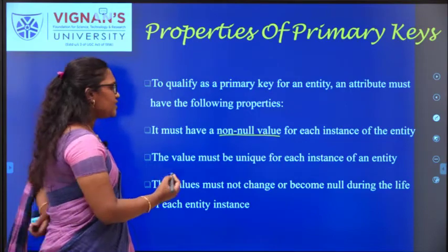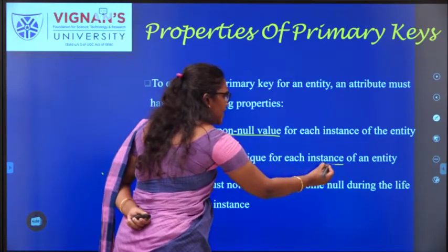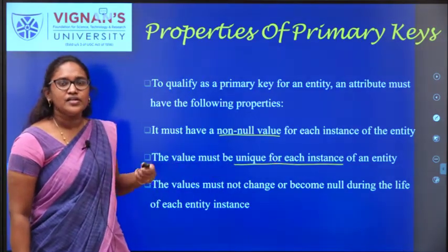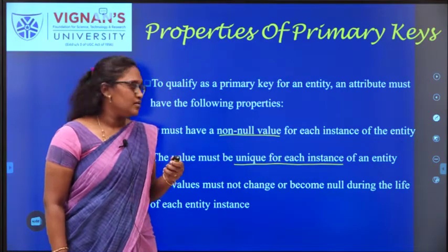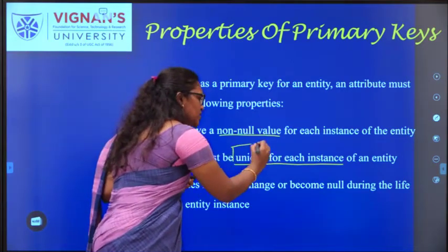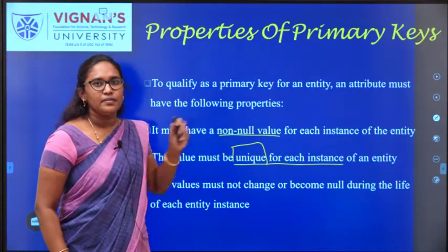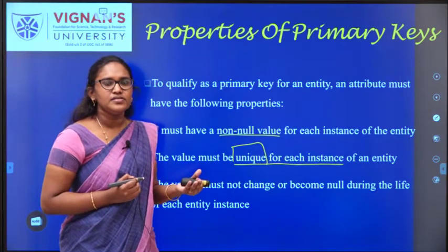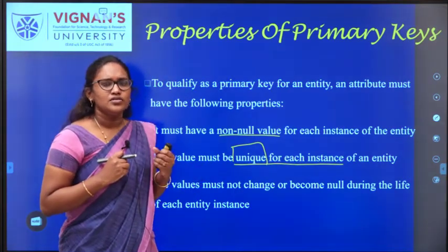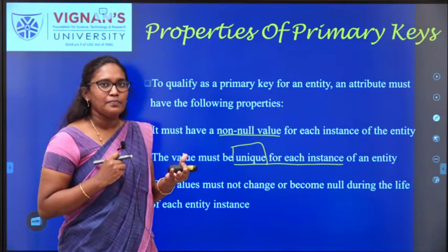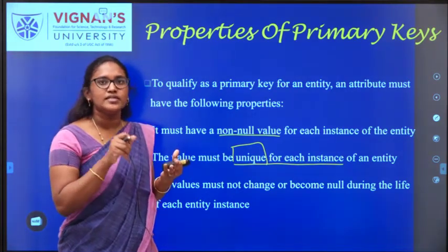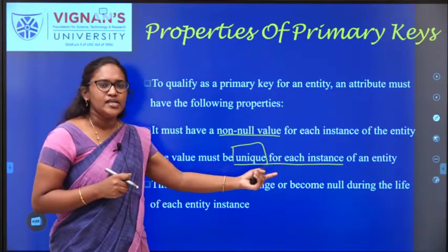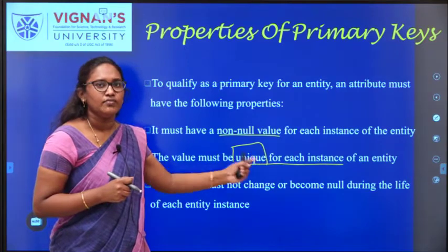Second, the value must be unique for each instance of an entity. What is the meaning of unique? Whenever you say the word unique, it means different from others. So you have a set of apples, and if you add one orange, among the set of apples the orange will be unique because it is a different fruit. Similarly here, every entity should consist of a unique value.